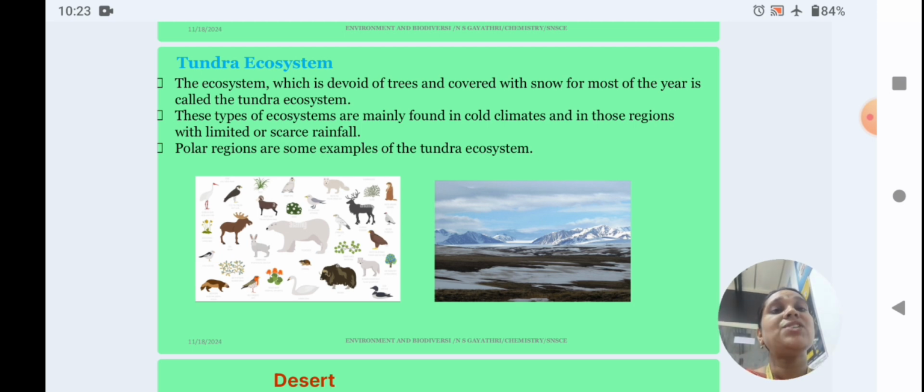The polar region is an example of the tundra ecosystem. The picture represents the animals present in that ecosystem and the overall view of the ecosystem.